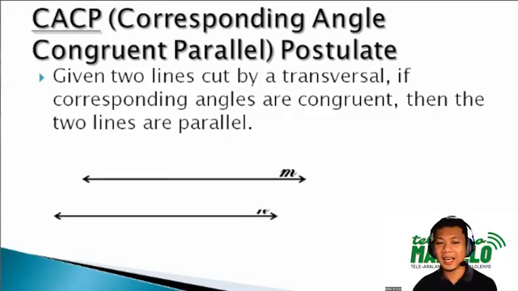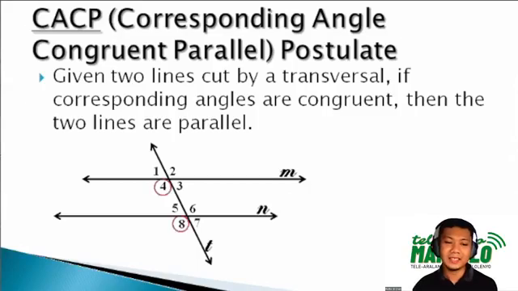Suppose we have line M and line N, but we do not state that they are parallel, and a transversal line T cuts those lines, identifying the angles 1, 2, 3, 4, 5, 6, 7, and 8. Let's say, for example, we have angle 4 and angle 8, which are corresponding angles.